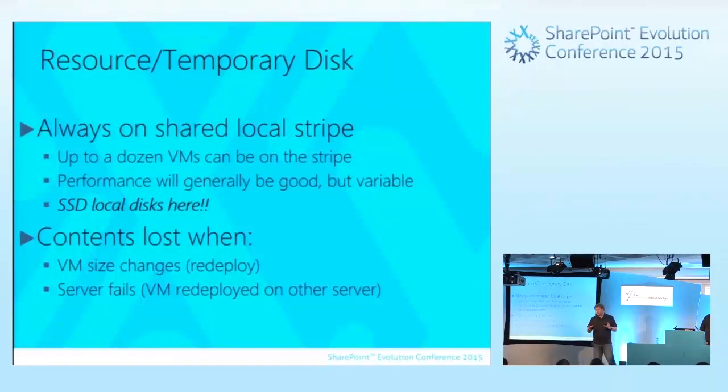So everyone goes, that's awesome, I'm going to use that. I'm going to put my search disks on there, put my things on there. As I mentioned earlier, not a good thing to do, because when we reboot the machine, you lose all that data. Another thing to think about, I mentioned already, local SSD drives are here. So you don't need to start backing off to this temporary drive, because we've got local SSDs that you can use anyway.